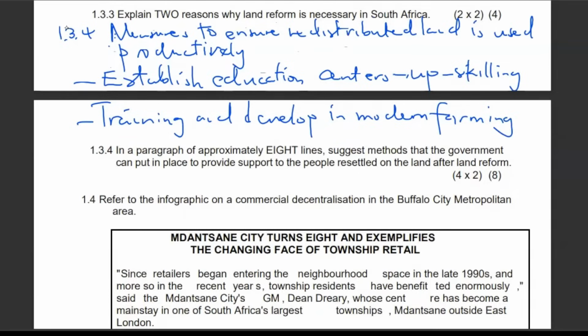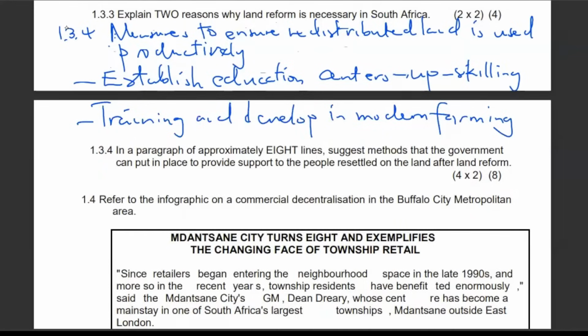Now the farmers need to be equipped with skills of modern farming. They need to be exposed to the modern world of agriculture. So it is also the duty of the government. The government can try to assist by training farmers, training and development in modern farming to ensure that the farmers are equipped with the modern skills of farming and also they take initiative in incorporating the current methods of farming into their practices.